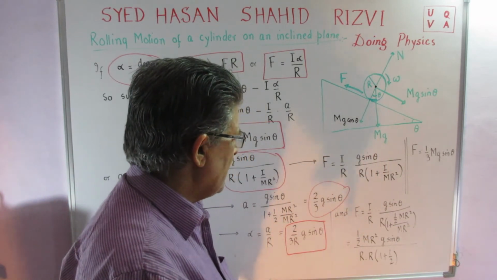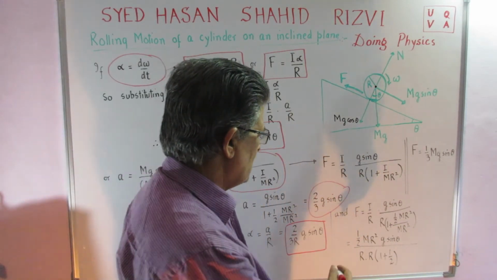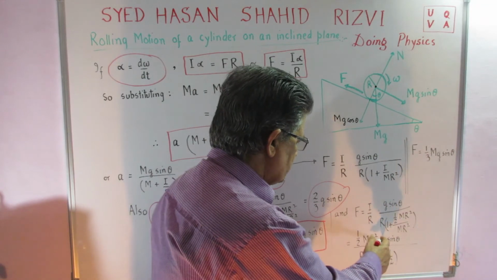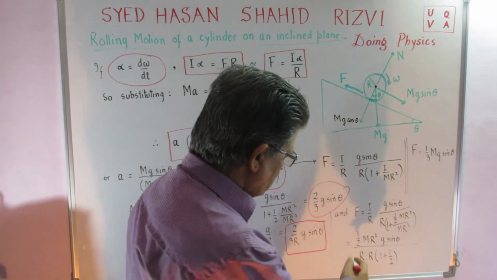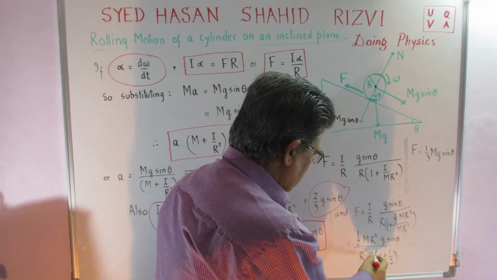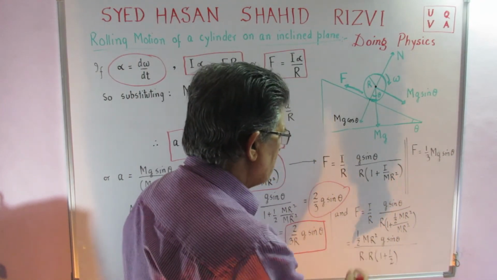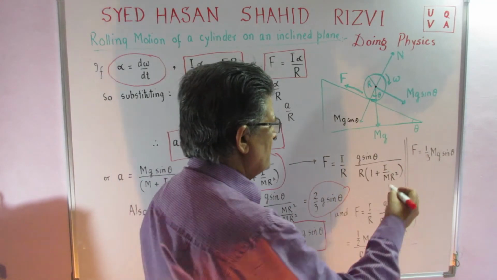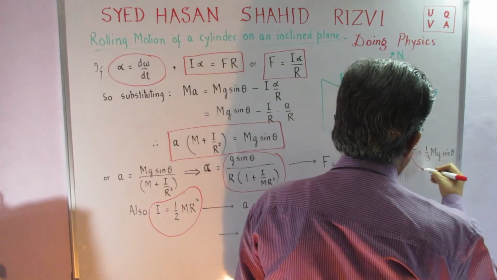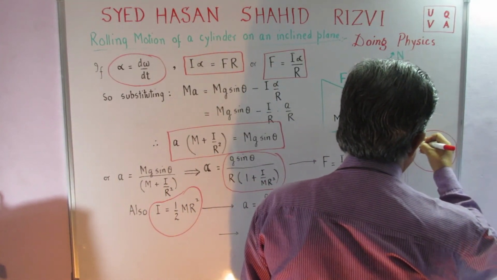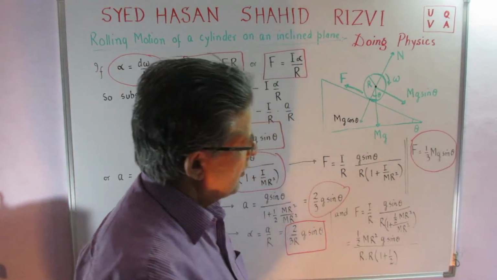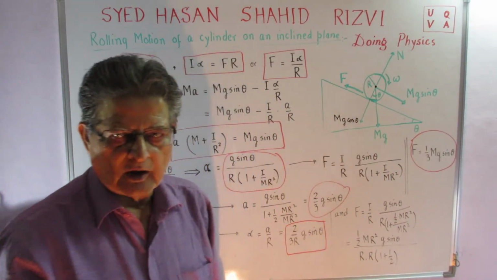So ultimately I can write this as equal to half mr square g sine of theta, whole thing divided by R into R, 1 plus 1 upon 2. So R square and R square, they cancel out, and we obtain the value of f as equal to 1 by 3 mg sine of theta.